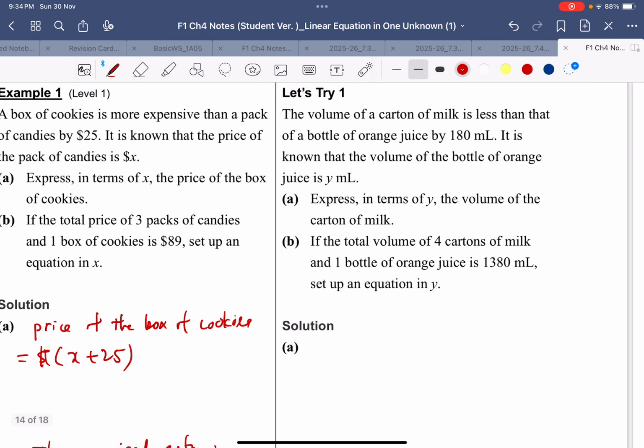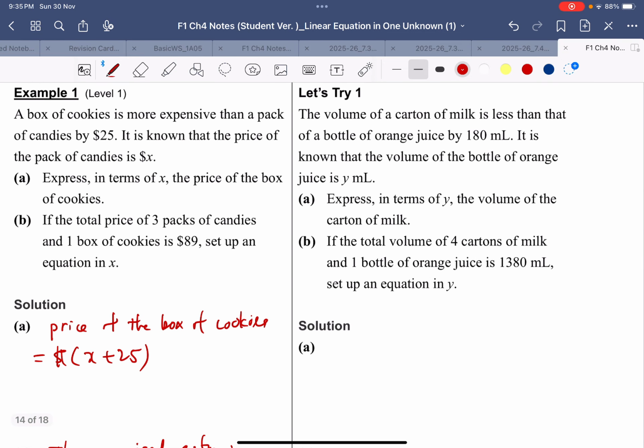Okay, try to set up the equation here. First of all, you express in terms of y the volume of the carton of milk. So, volume of the carton of milk equals this amount.